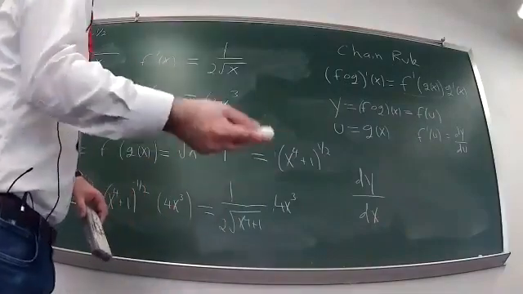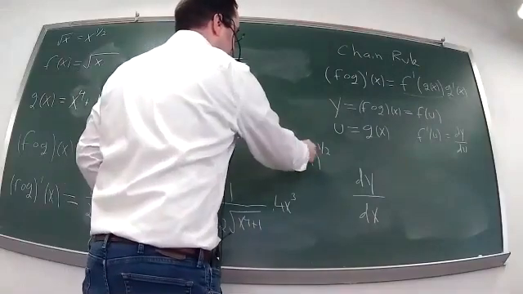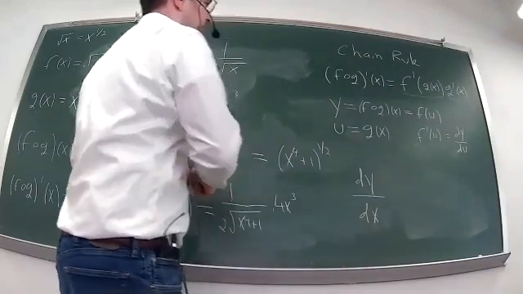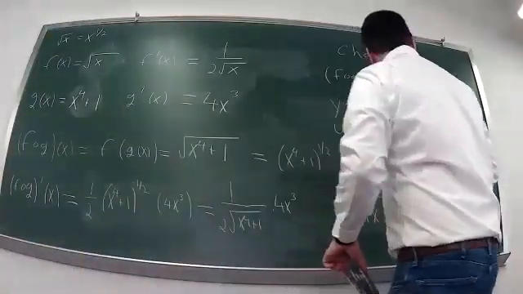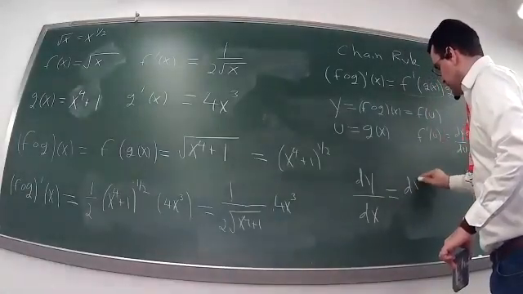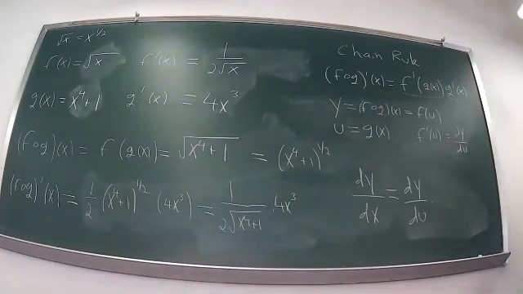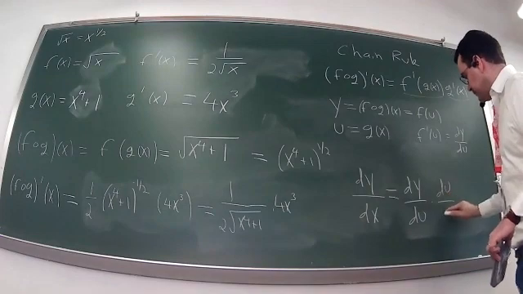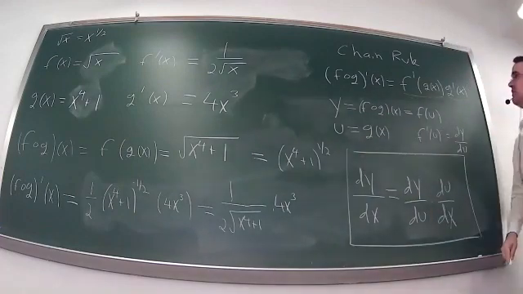So you're taking the derivative with respect to the variable u, just like I was doing here, thinking of this as u to the 1/2 and then taking the derivative. So dy dx is equal to dy du times g prime of x, but g prime of x will be du dx. So this is the Leibniz version of the chain rule.